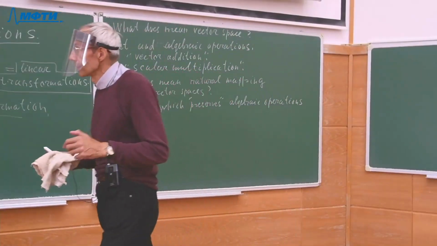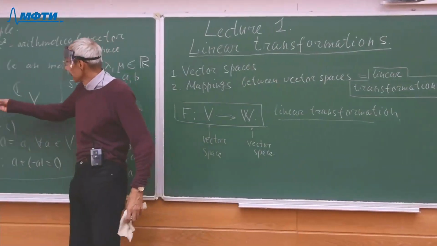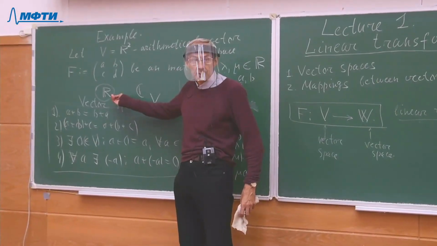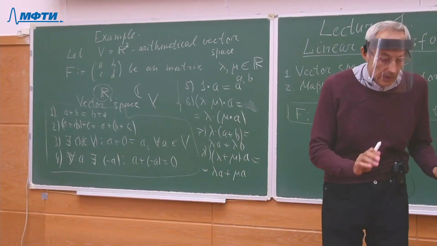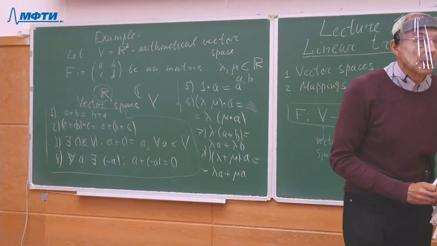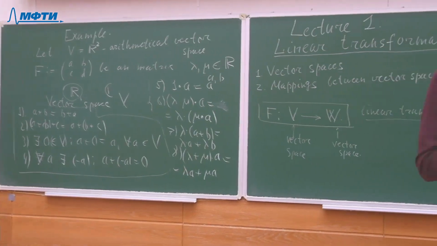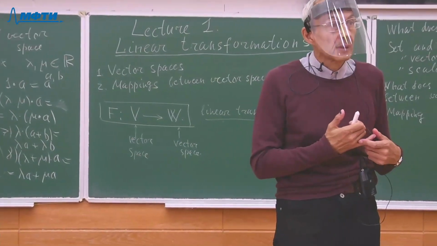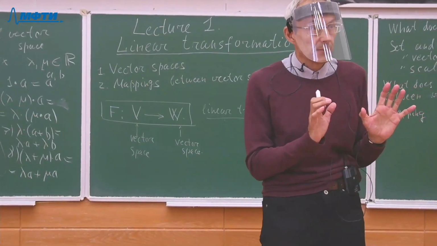First of them, the simplest example, is the basic field. First of all, we fix a basic field, and after that we deal only with vector spaces over this basic field.